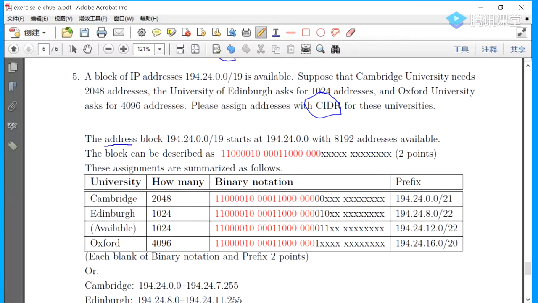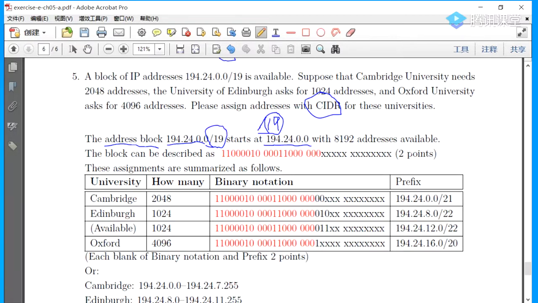Then the address block /19 starts at the base address, right? The base address is 194.24.0.0/19. What is the meaning of the 19? 19 means the length of the prefix.